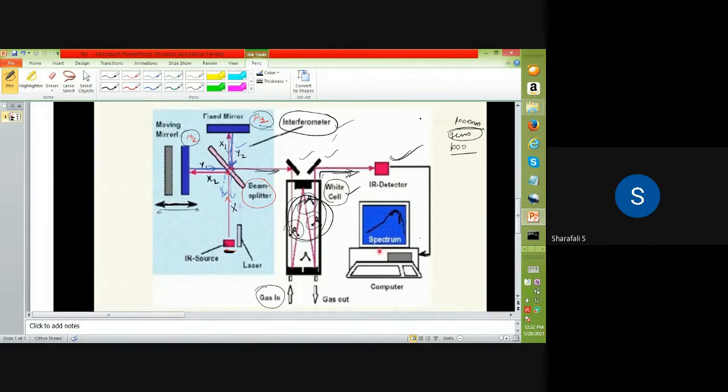So if it is moving for 1,000 points, we have to store all these 1,000 points in the computer system. If it is scanning for 2,000, then we have to store all those 2,000.